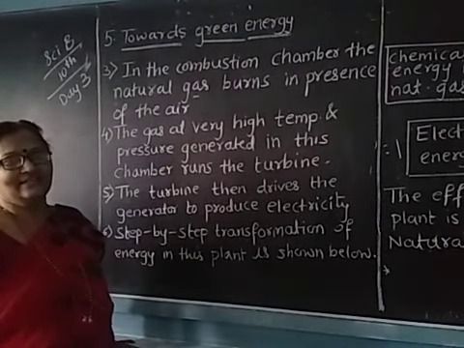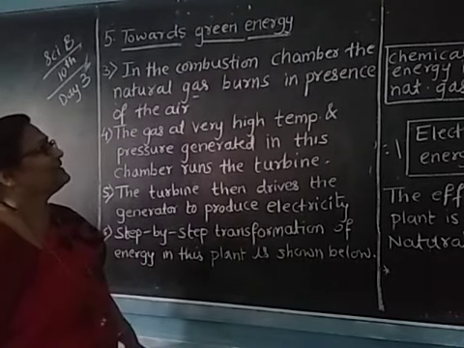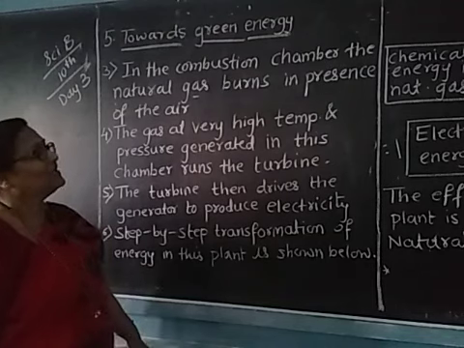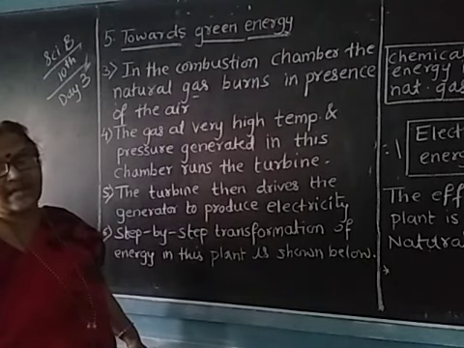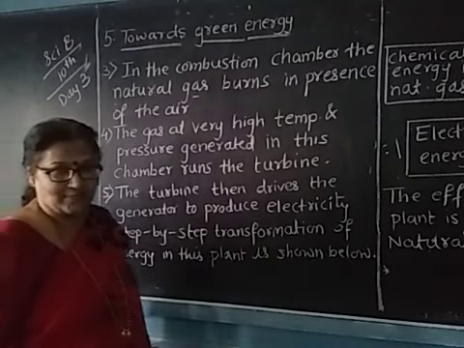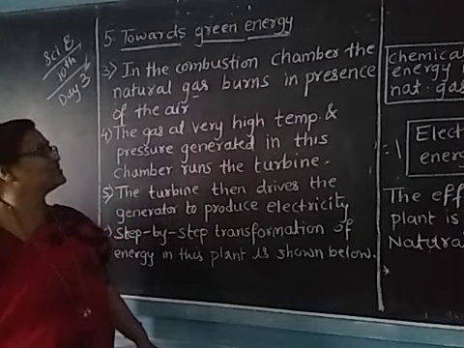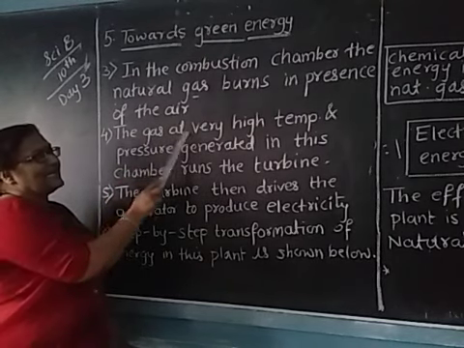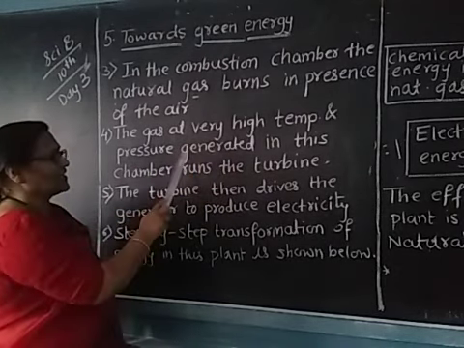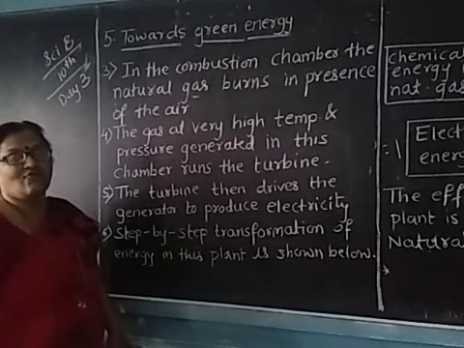We are seeing in the diagram, or you can say the flow chart, that there is a combustion chamber. In this combustion chamber the natural gas burns in the presence of air. The gas at very high temperature and pressure generated in this chamber runs the turbine. Now what happens?